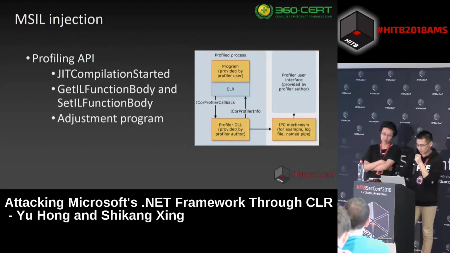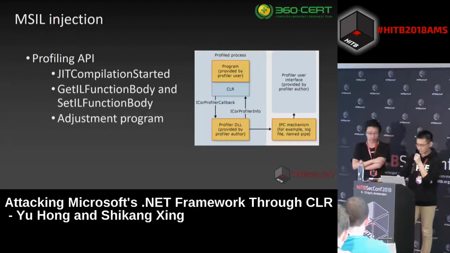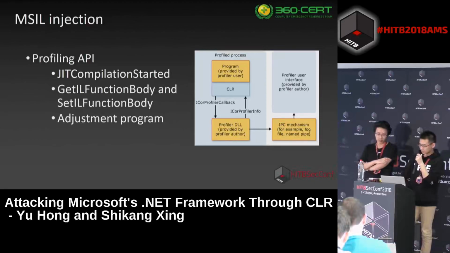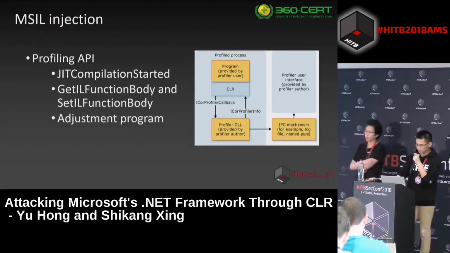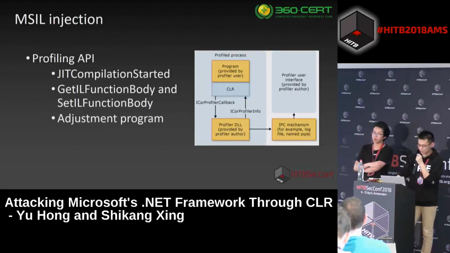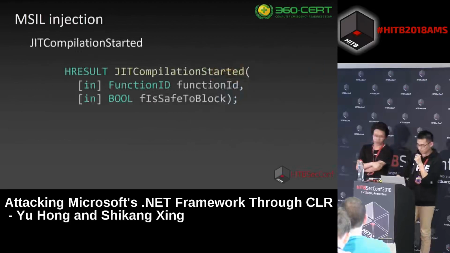Actually, the insertion of profiling injection is to set up a profiler DLL. It is connected to the CLR by acquiring the profiler callback and profiler info. And last, the user can insert a customized function into our code before JIT compiling.